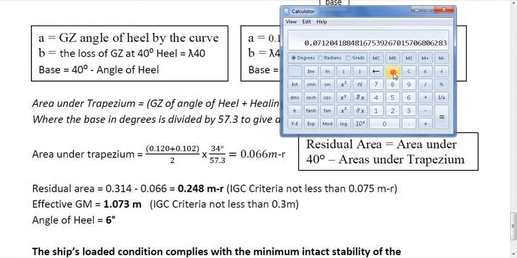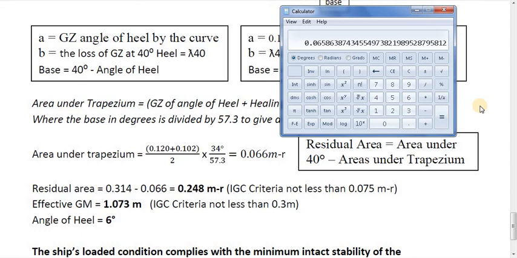I think we missed something, so I will repeat. 0.120 plus 0.102 equals, divided by 2, equals 0.111, multiplied by 34 equals 3.774, divided by 57.3 equals, okay, we pressed something wrong earlier.